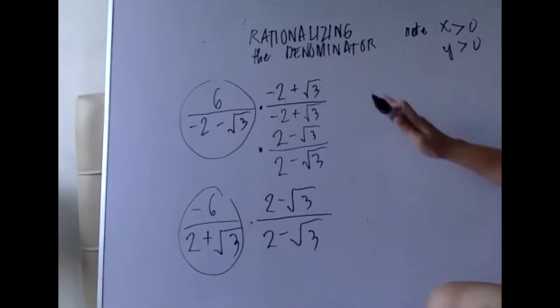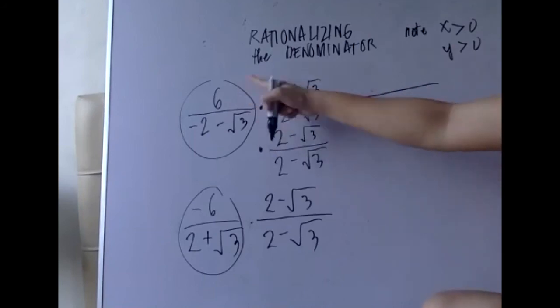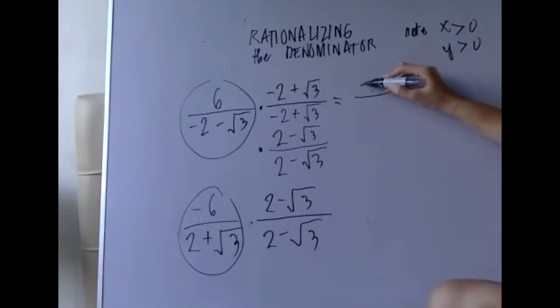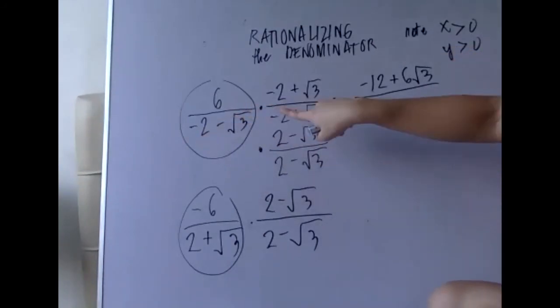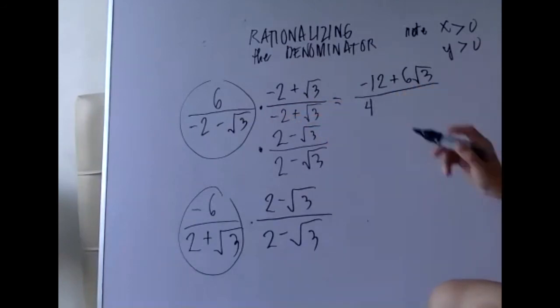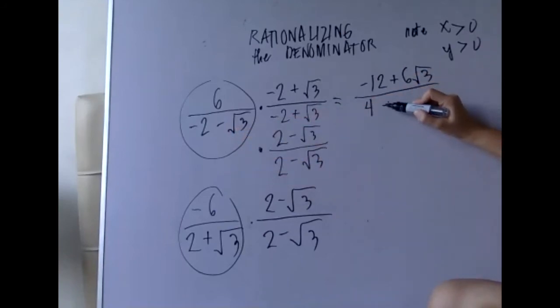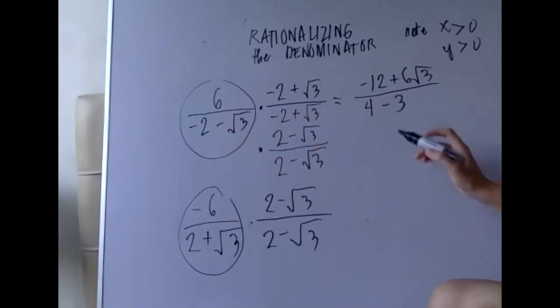Okay, so let's say gawin natin itong classic, itong nasa taas. So this is equal to, distribute yung 6, we have negative 12 plus 6 square root of 3. Okay, here, negative 2 times negative 2, that's equal to 4. Minus square root of 3 times square root of 3, that's equal to 3. Okay?